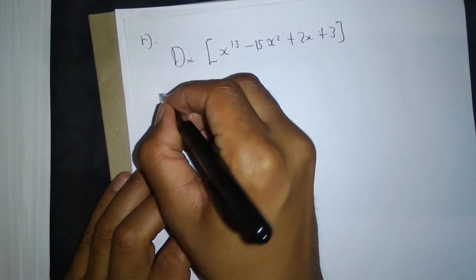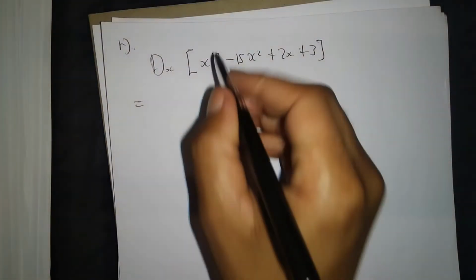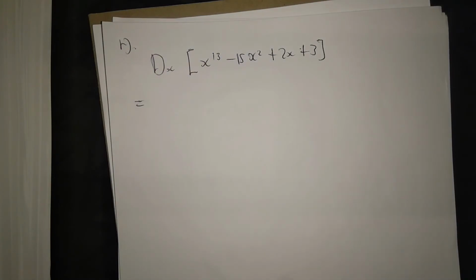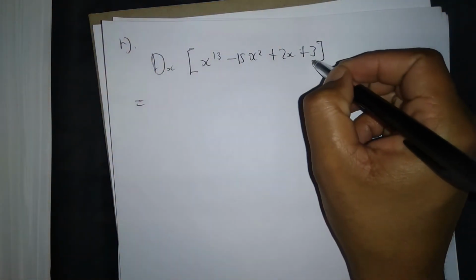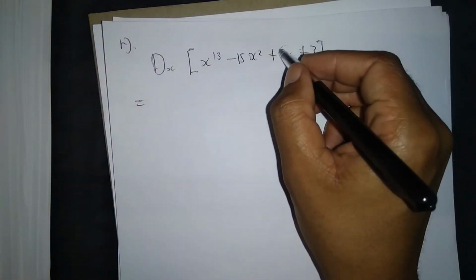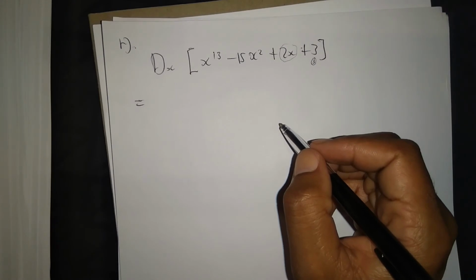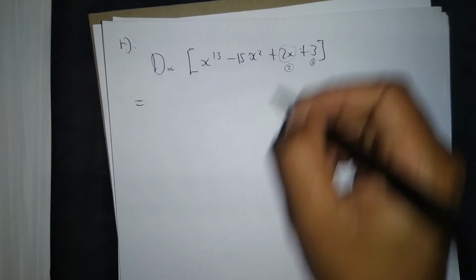Voila. I don't need to adjust anything because there is no fraction, right? So therefore identify the rules I must apply here. This is rule number 3 because 3 is a constant. This is rule number 2.